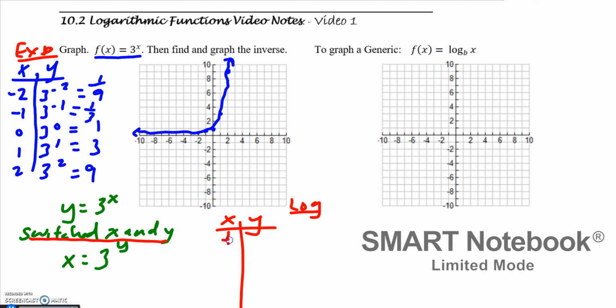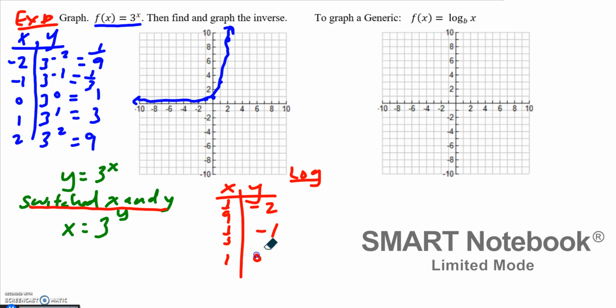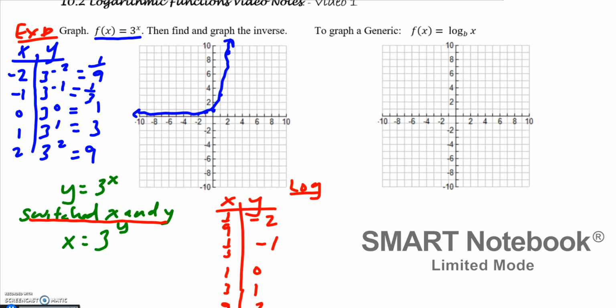So the points would become 1/9, -2; 1/3, -1; 1, 0; 3, 1; and 9, 2. And so if I plot all of those points on here in red, 1/9 is barely past 0, -2 would be right there. 1/3, -1; 1, 0; 3, 1; and then 9, 2.